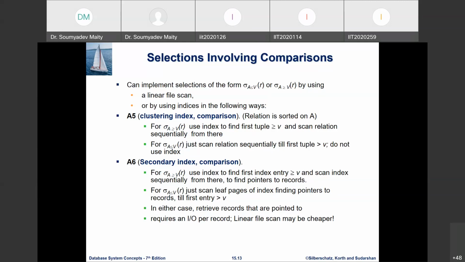Again, you can calculate by yourself exactly how much would be the cost in terms of block transfers and seeks. But it is easy to understand again that most of the time the cost of this search would be even more than a linear file scan.